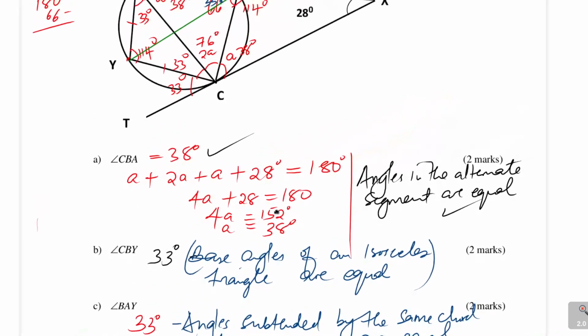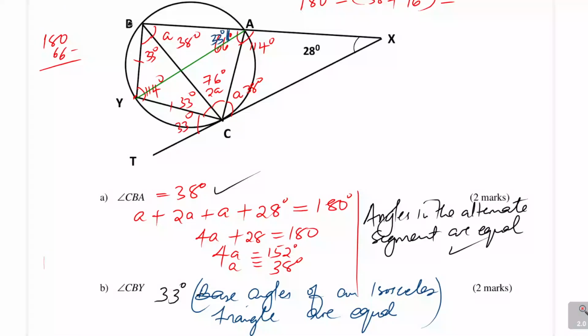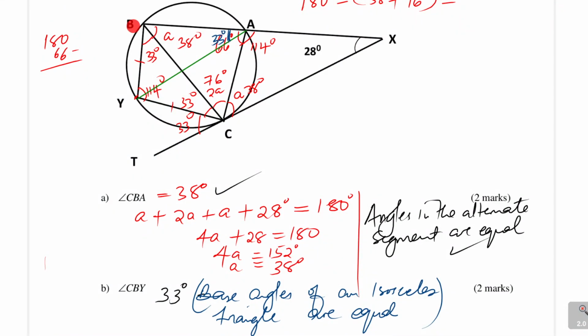So BCT. B is here. C is here. Then T. So look at this angle BCT. So the whole of this angle, that is here. You can see these are two angles that we already obtained, and the BCT.